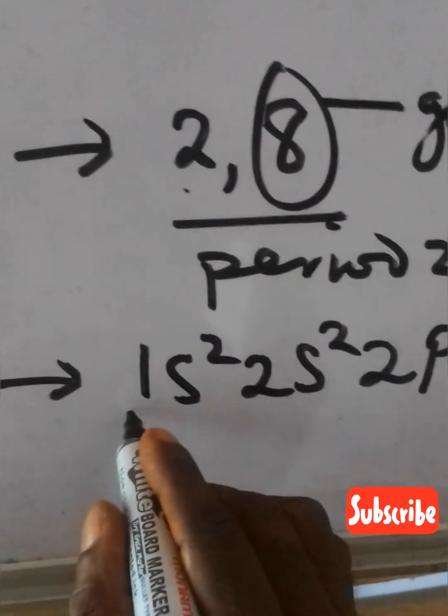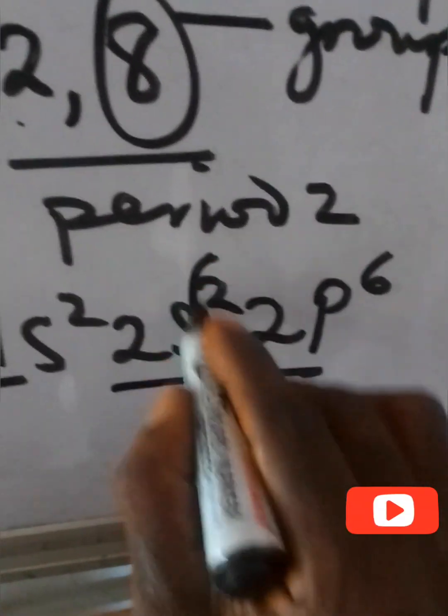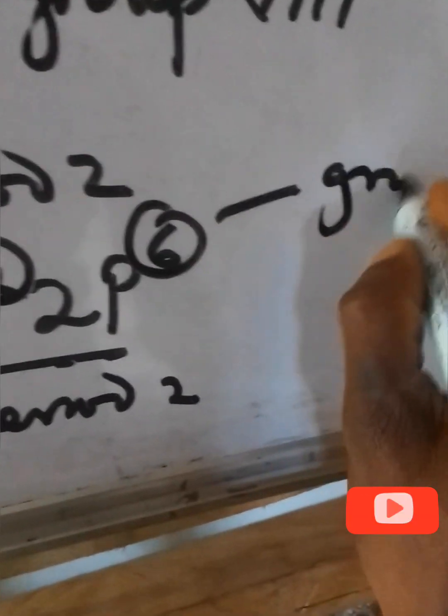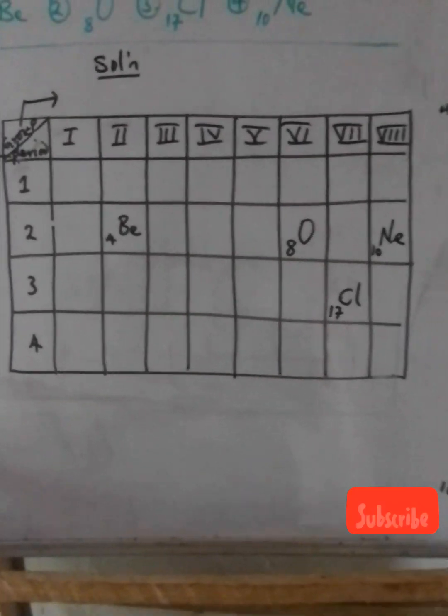It's complete. So it has passed period 1 and is now in period 2. On that period 2, we have 2 plus 6, which is group 8. So period 2 and group 8 is where neon belongs, and that is here. Neon, atomic number 10. And this is the answer to the question.